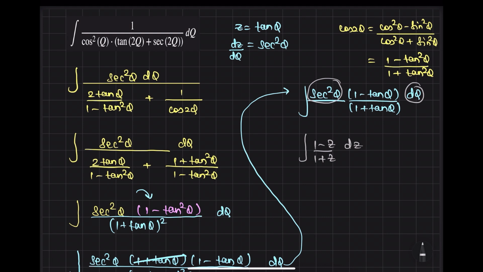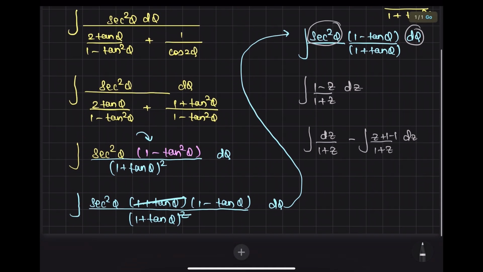Okay, now it is linear by linear, correct? So can I break this question into two integrals, that is dz by 1 plus z minus z dz by 1 plus z? Now look at this, we have to integrate this function. So what I am suggesting, just add 1 and subtract 1, and you will find that this question becomes very easy.